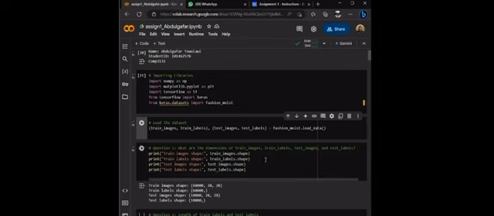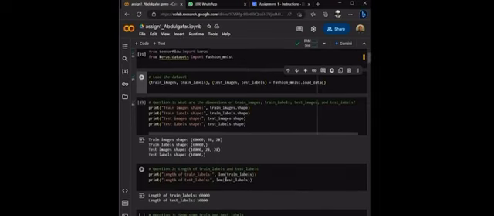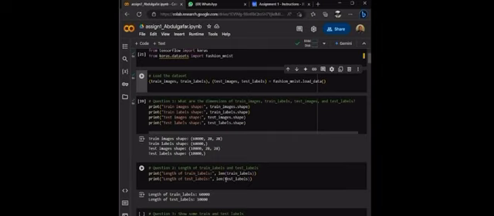For Fashion MNIST, we are actually talking about the Fashion MNIST dataset, which is similar to the classic MNIST but contains images of clothing items instead of handwritten digits, right? It contains about 60,000 training images and 10,000 test images, all 28 by 28 grayscale, right?